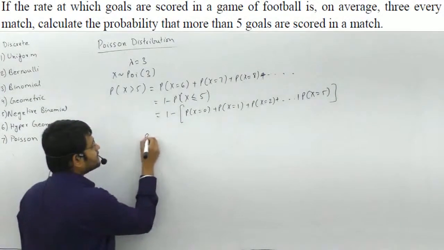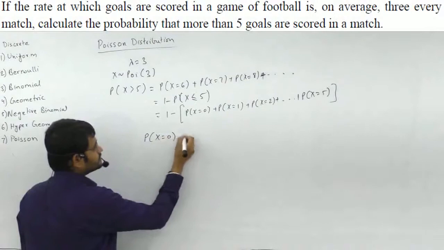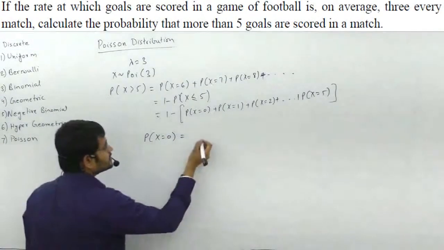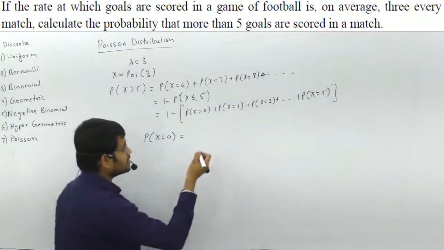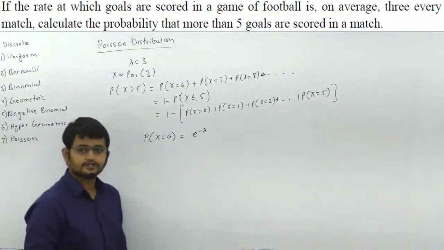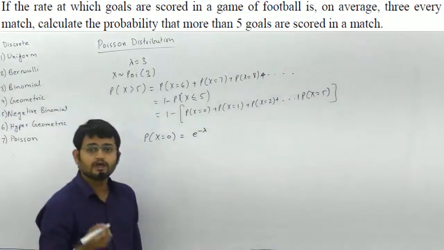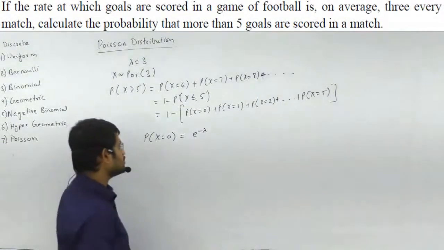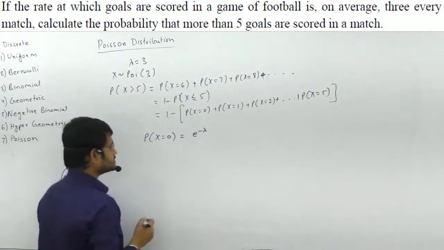Now simply probability x is equal to 0 is going to be lambda raised to 0 into e raised to minus lambda upon 0 factorial. Lambda raised to 0 is 1 and 0 factorial is also 1. So we get e raised to minus lambda.